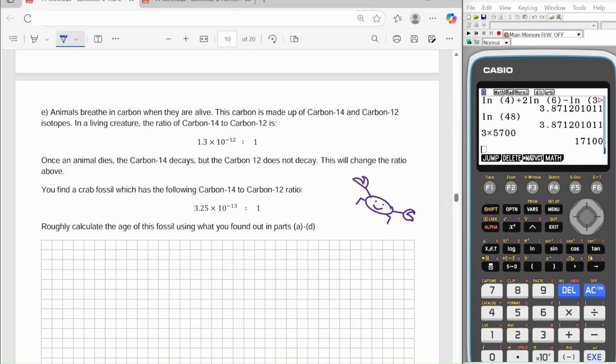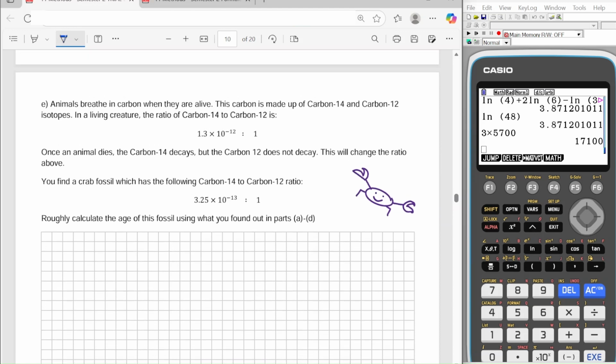So by looking at how much carbon you have in comparison to each other, you can figure out how old things are. So basically, in a living creature, we've got 1.3 times 10 to the minus 12.